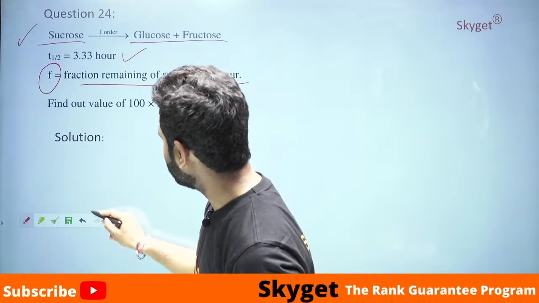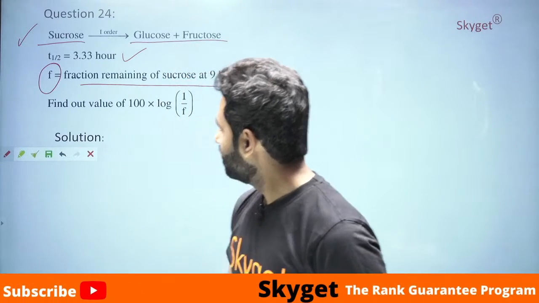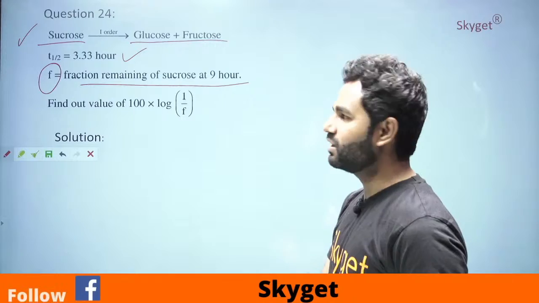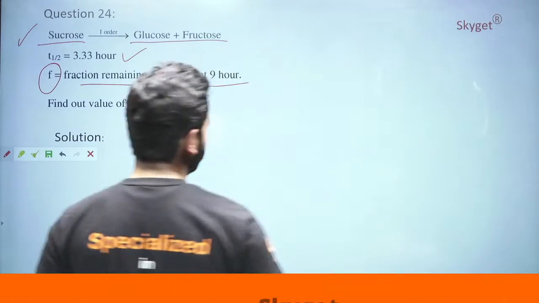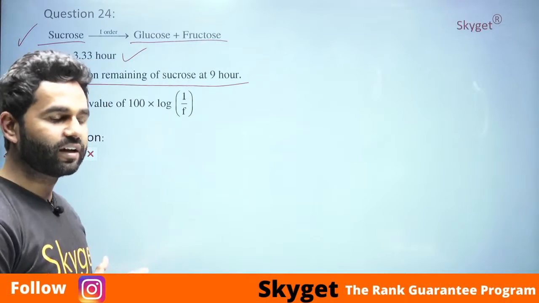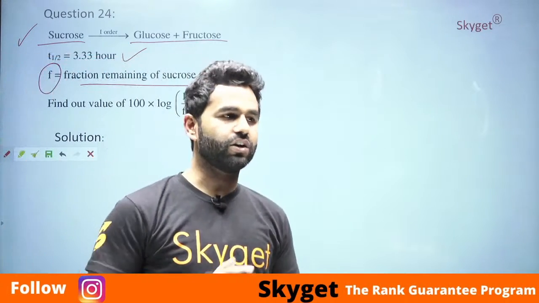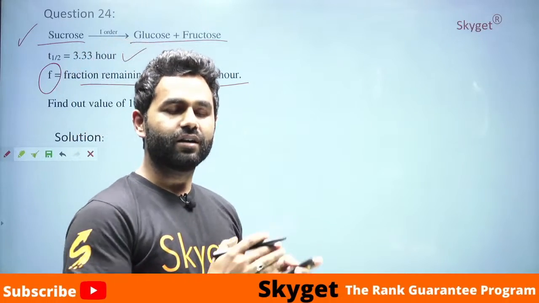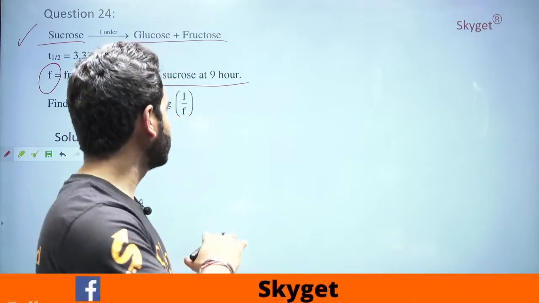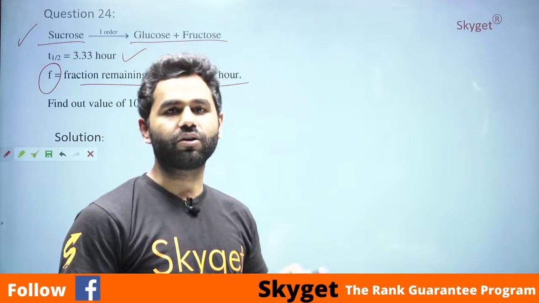Find out the value of 100 into log of 1 by F. To get the answer of this question, stay with me to understand a little concept regarding the t half, that is half-life. Half-life means the time taken for the concentration of reactant to reduce to half.